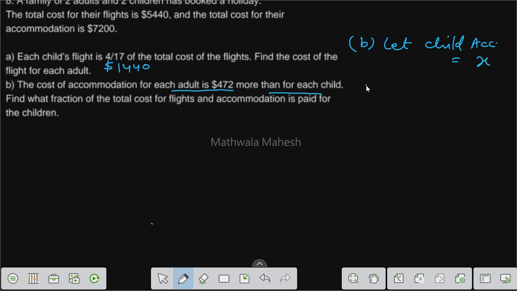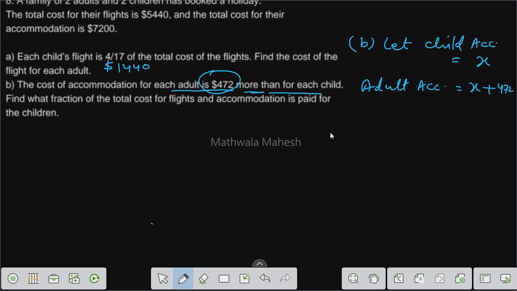It means the adult accommodation equals X plus 472, because it is 472 more than for each child, because for each child it is X and X plus 472 for an adult.